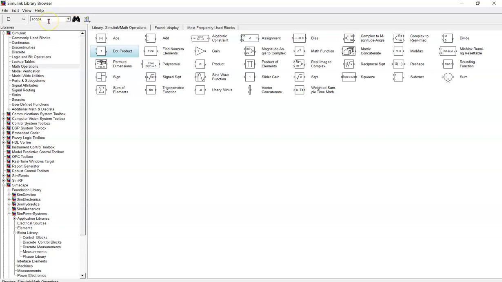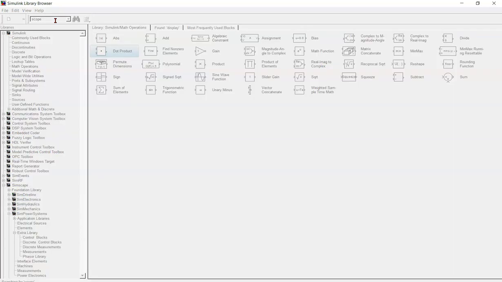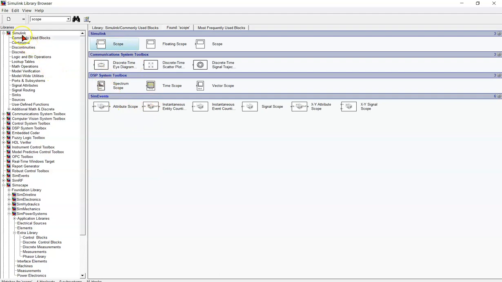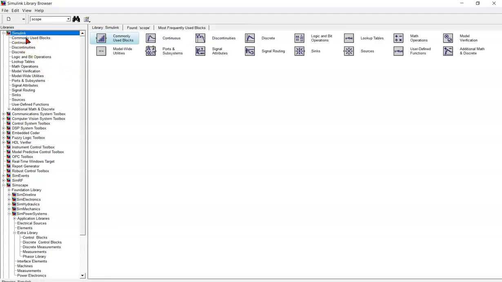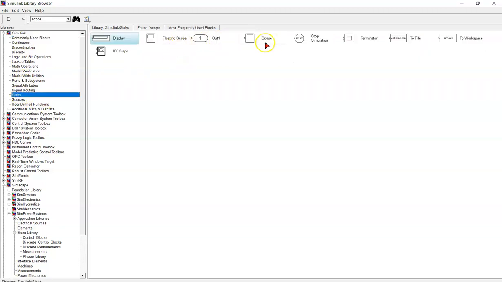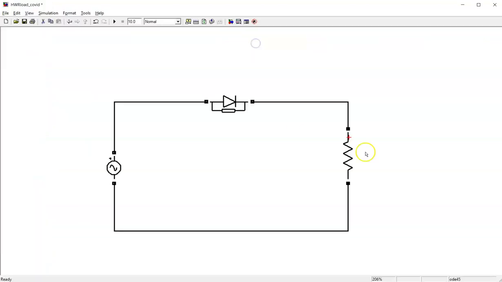We go to the search area here, and then we type scope and press enter. The scope is under the Simulink sinks. There are two types of scope, called floating scope and scope. You choose scope and add it to your file.